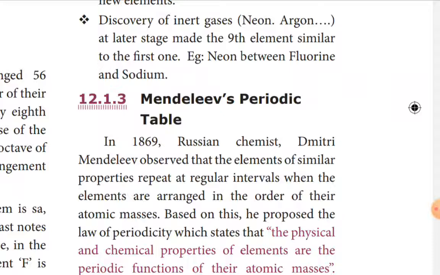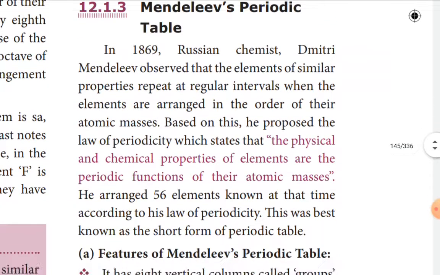Then next, see what Mendeleev's periodic law is. These 2 lines are given in pink color. The physical and chemical properties of elements are the periodic functions of their atomic masses. What is called a physical property?